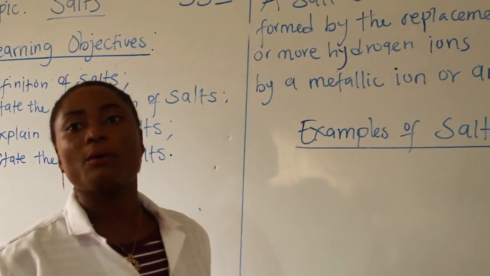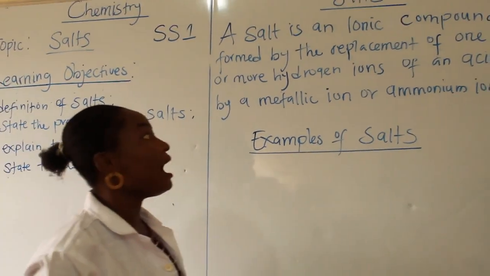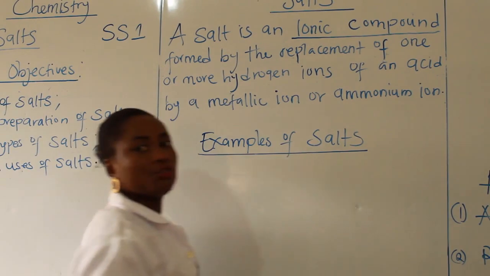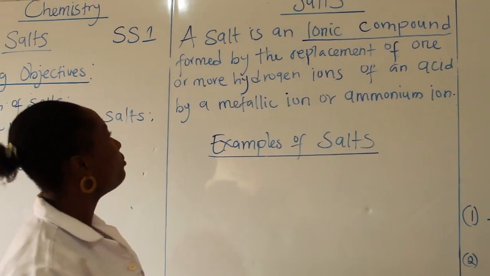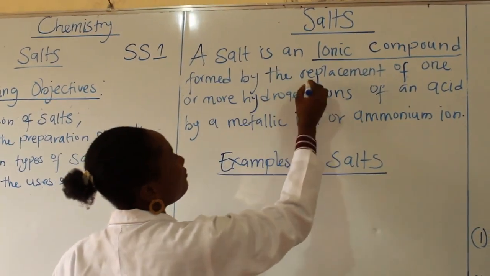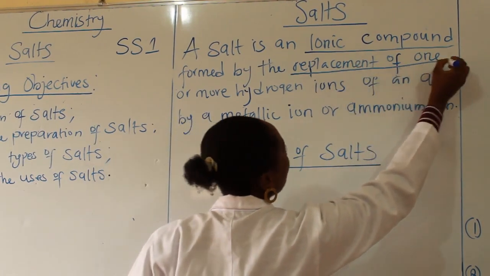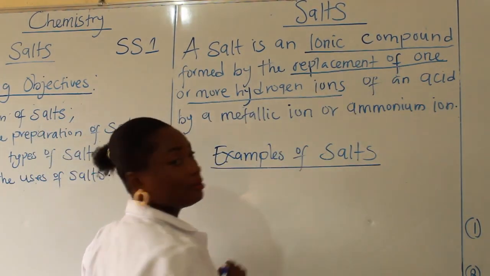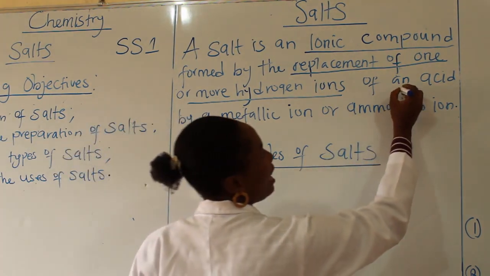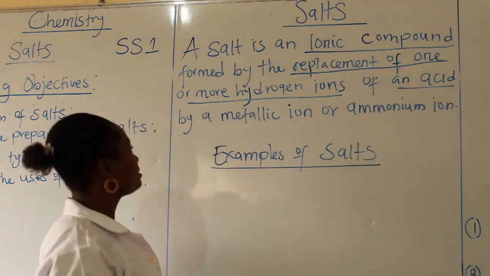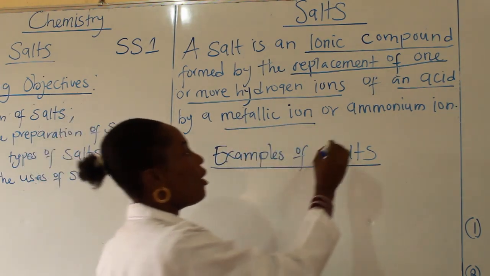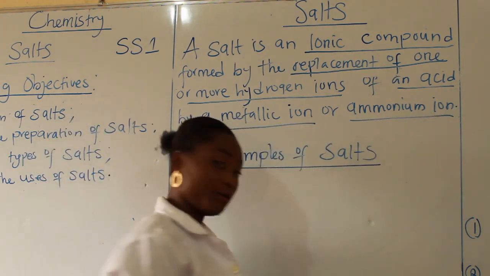Now, the key words I want you to note here: number one, a salt is an ionic compound. Number two, it is formed by the replacement of one or more hydrogen ions of what? An acid, right? By a metallic ion, very important, or ammonium ion.